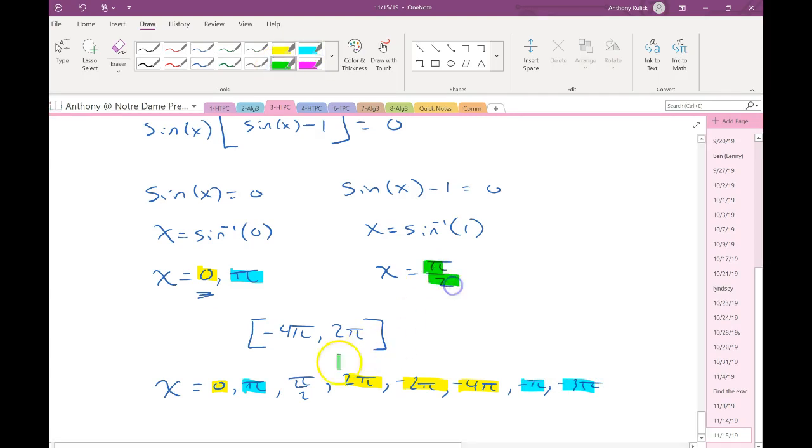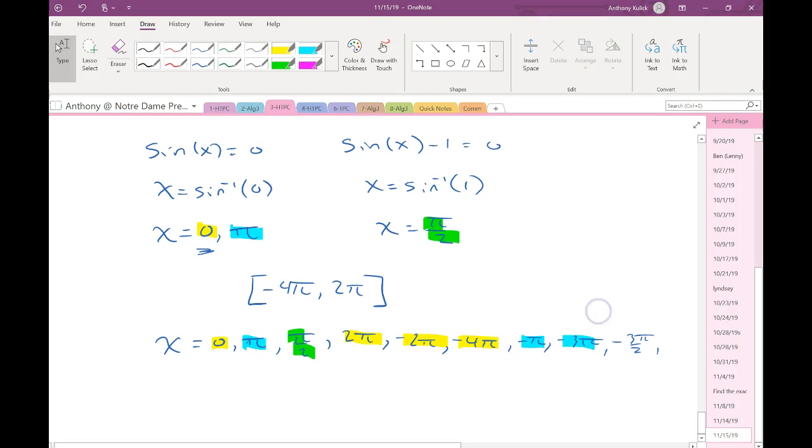So now let's look at this guy. Okay, what answers would I get here from him? If I add 2 pi, I get too big, right? If I subtract 2 pi, I get 3 pi over 2. That should be there.